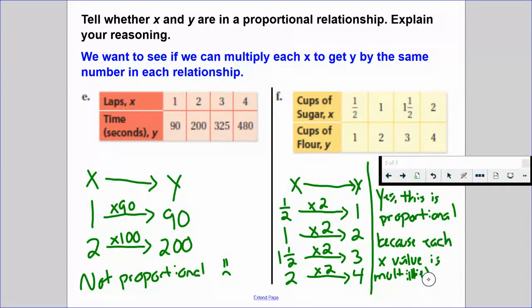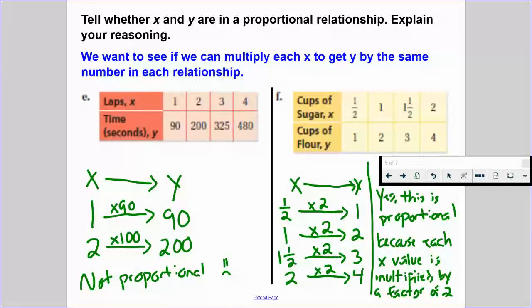Hold on, let's erase that and try it again. So we would say yes, this is a proportional relationship because each x value is multiplied by a factor of 2. So every single time we took the x value, we were able to multiply it by 2 to get that y value.